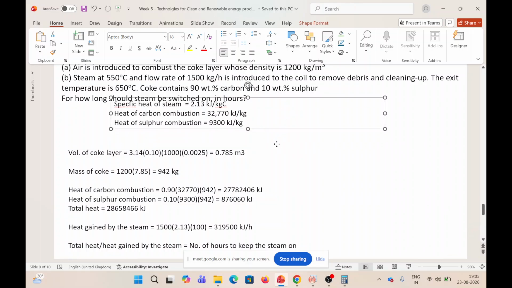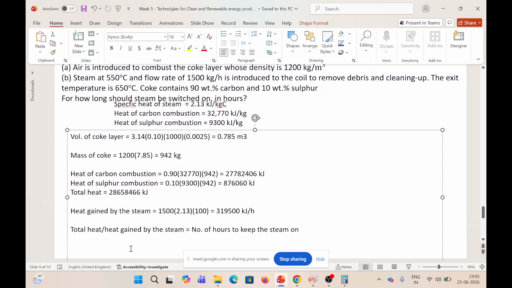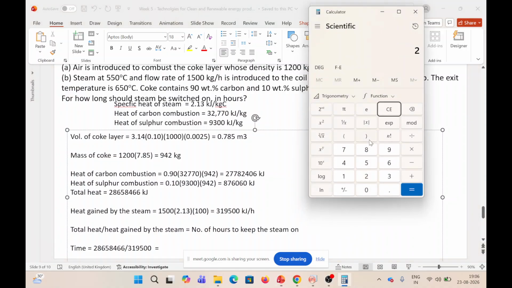So time is equal to 28658466 divided by 319500, 89.69 hours.